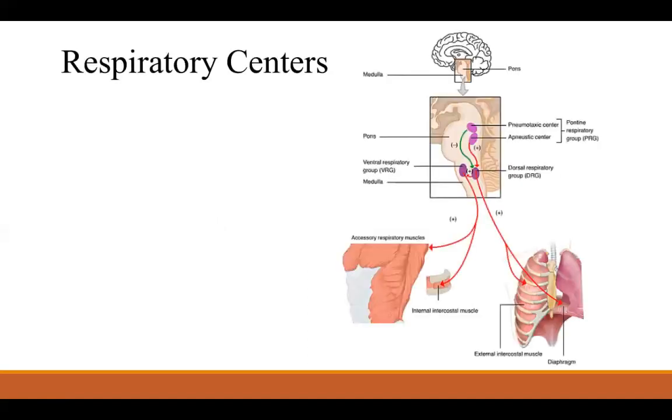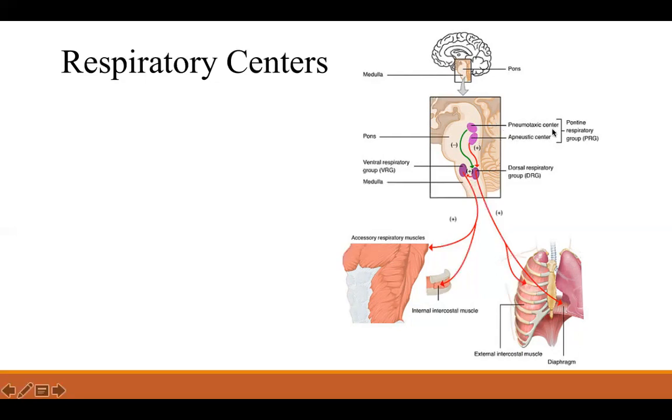Now this is the illustration of the location of the major respiratory centers. This is our medulla here. This is the pons. There are two centers in the pons, the pneumotaxic center and the apneustic center.